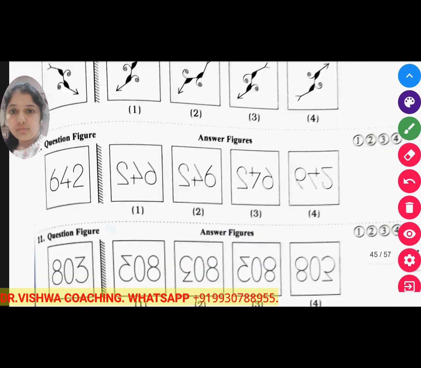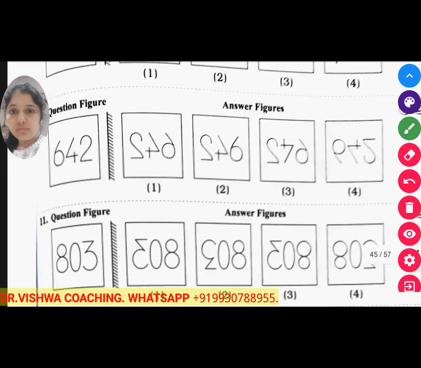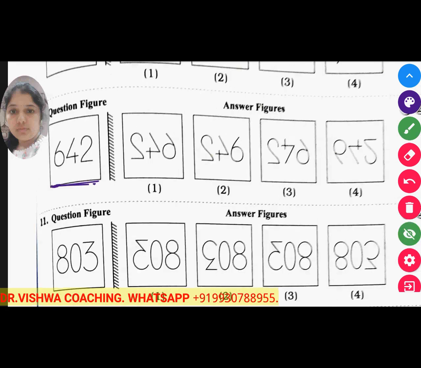Okay, now numbers. This number's water reflection we had already seen. Now mirror reflection. So this 6 is there in the left, it goes to the right. So this and this may be your option. Fourth gets cancelled. Now this circle of 6 is inside the figure near 4.